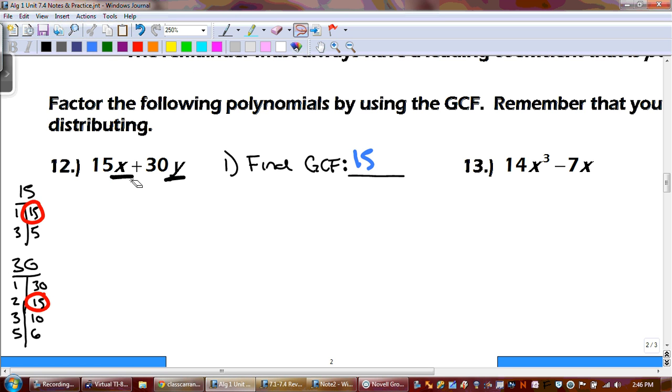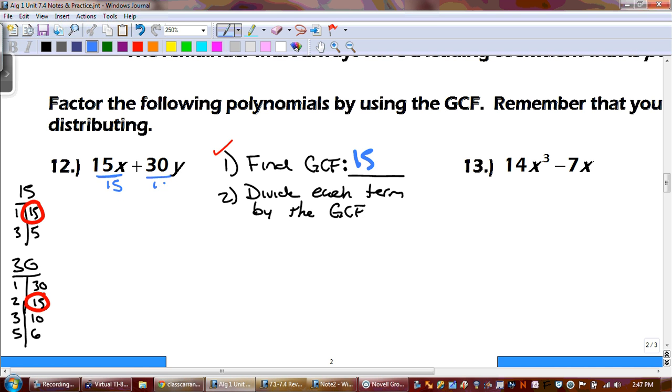So, step 2. Yay, we did step 1. Step 2 says that we need to divide each term by the GCF. My GCF was 15, so we are dividing by 15.